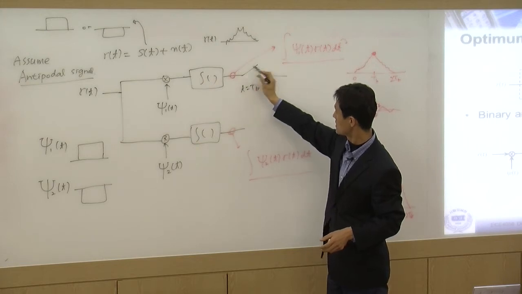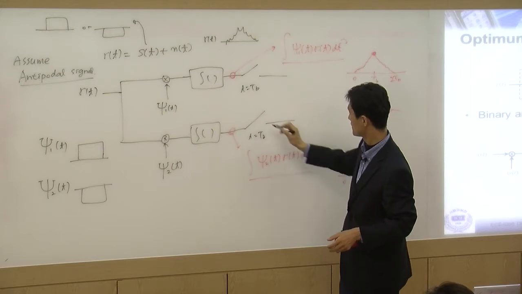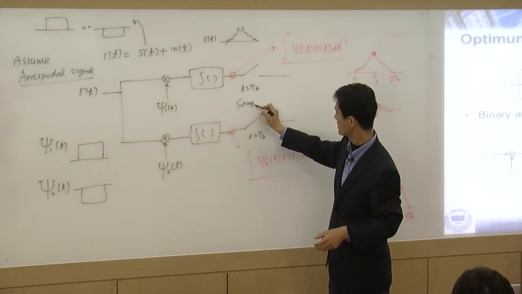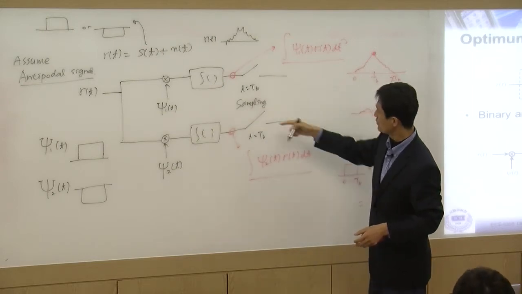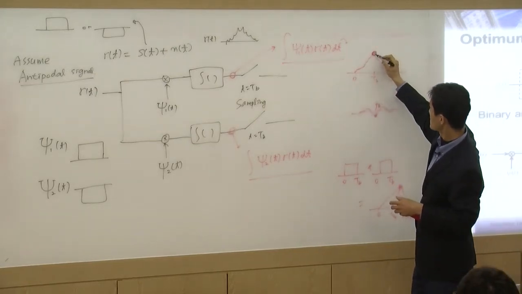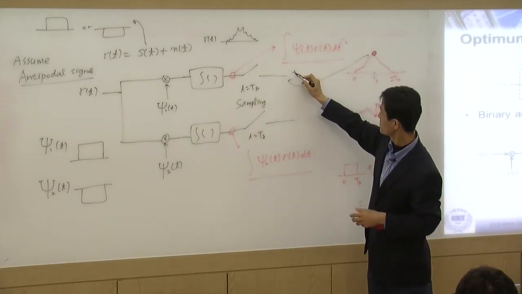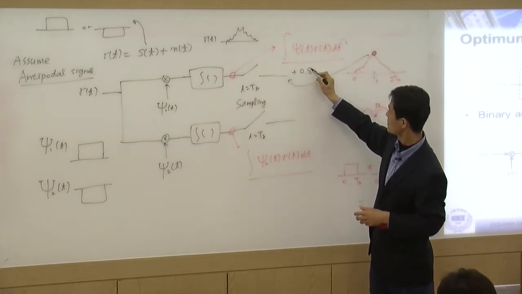This means the sampling: t equal to Tb, at the same point, same time. After you do sampling, you're going to get this value right here, for example positive 0.8.